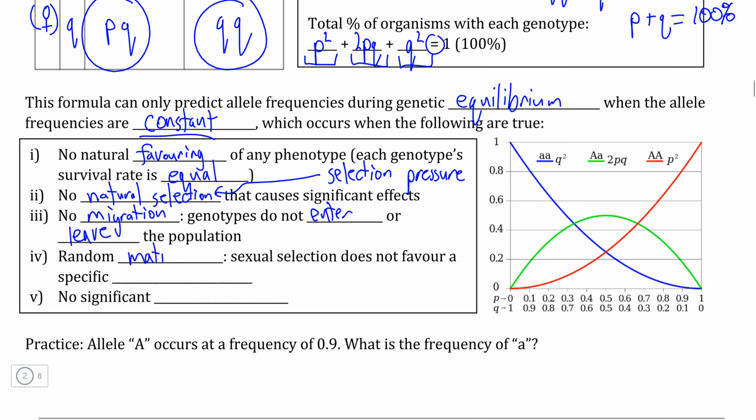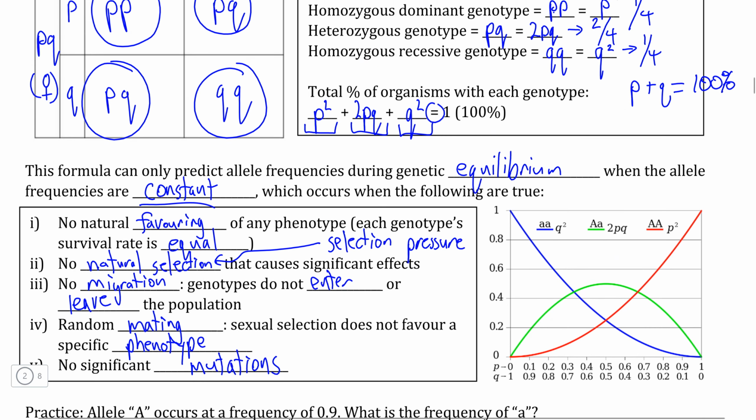Random mating occurs, meaning that sexual selection does not favor a specific phenotype, meaning that each specific organism with a specific genotype is equally likely to reproduce. And of course, we need to also consider that there is no significant mutation rate occurring within the population that can lead to a brand new allele being produced.